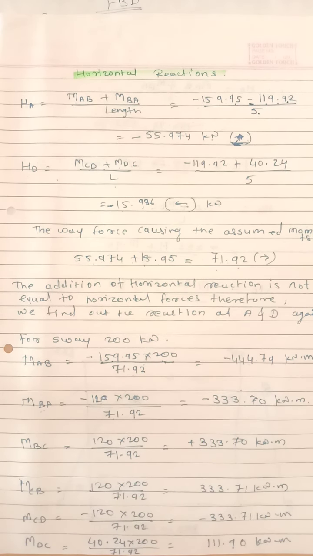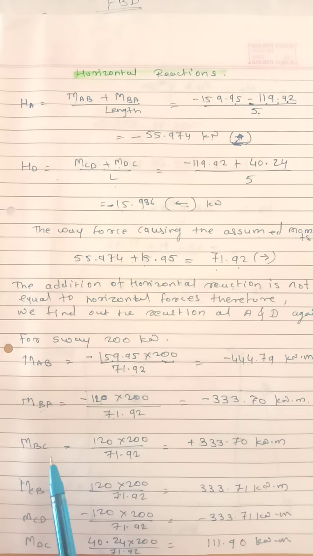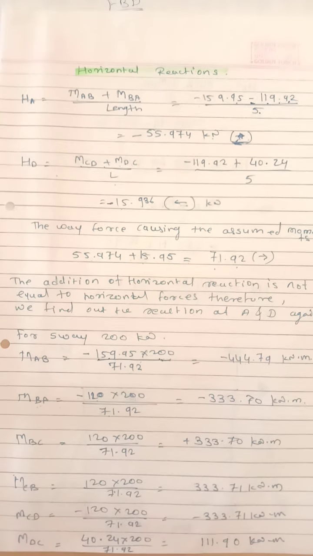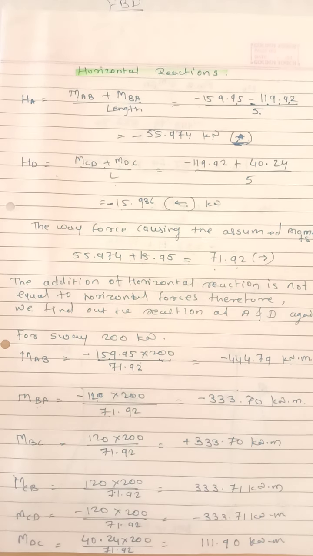Similarly, we calculate for the other members, and from these calculations we get the end moments at members AB, BA, BC, CB, CD and lastly DC. From these end moments, again check whether the addition of horizontal reactions is equal to the horizontal force or not.